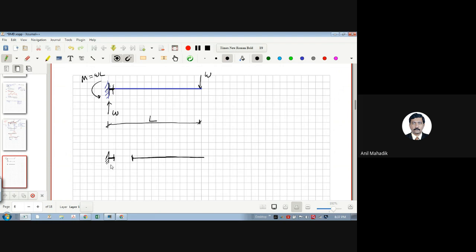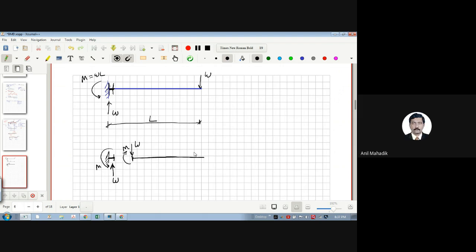What is the vertical force here at the support? W. And what is the moment at this point? M, which is equal to WL. As this is upward and you are cutting here, there has to be some downward W here to balance it. This is my section. And what should the moment be? This one is anti-clockwise, so there will be a clockwise moment here.